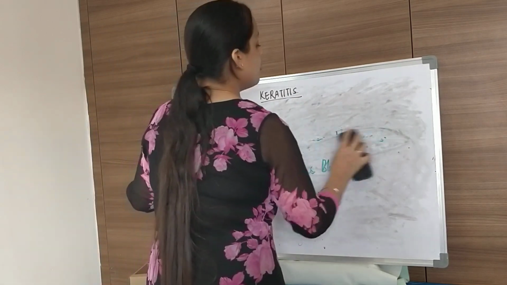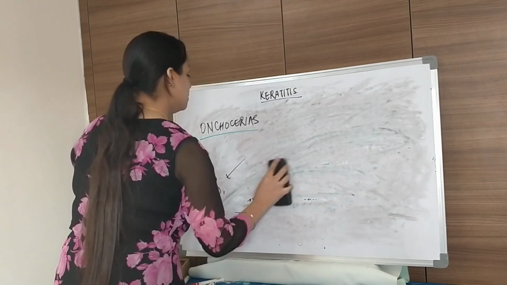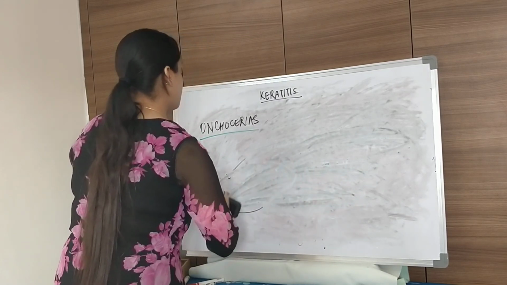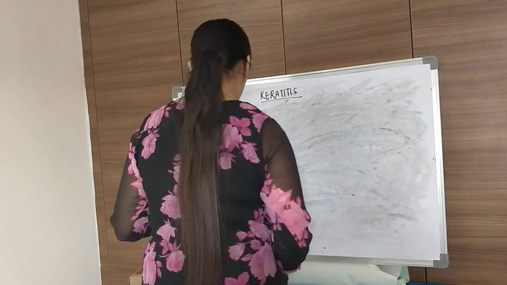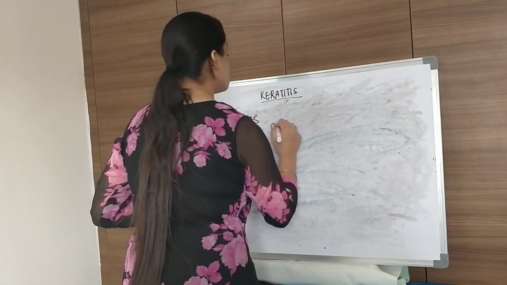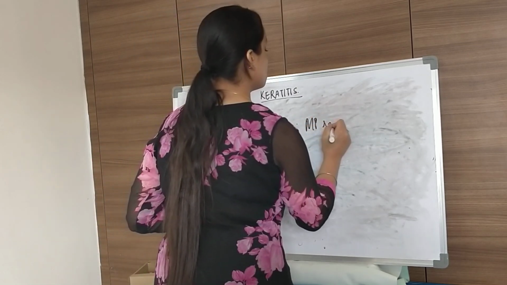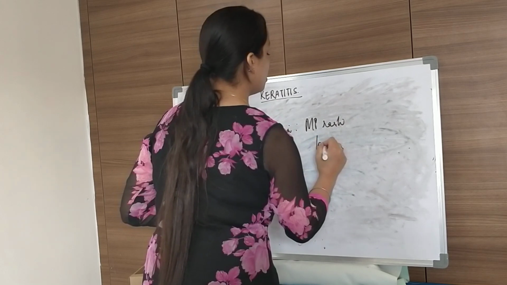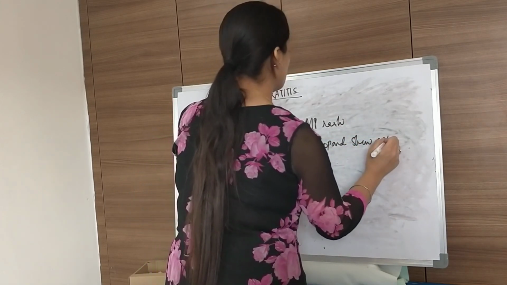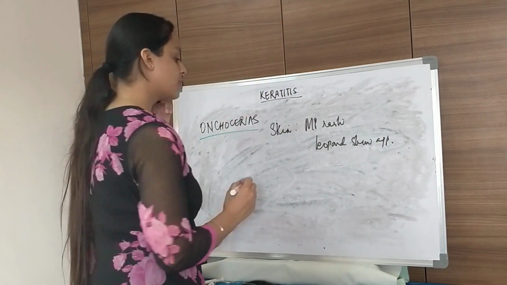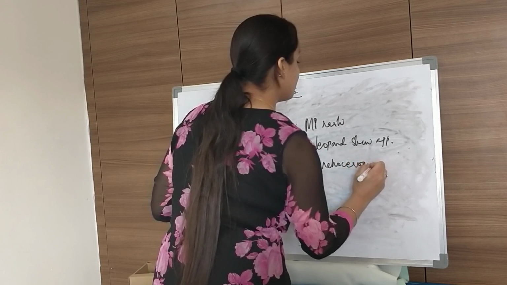So what is the clinical manifestation of this Onchocerciasis? How will it present? So it involves skin. In skin, it will have maculopapular rash. Okay, this is also called leopard skin appearance, which will happen in case of Onchocerciasis, and it will form onchocercomas.